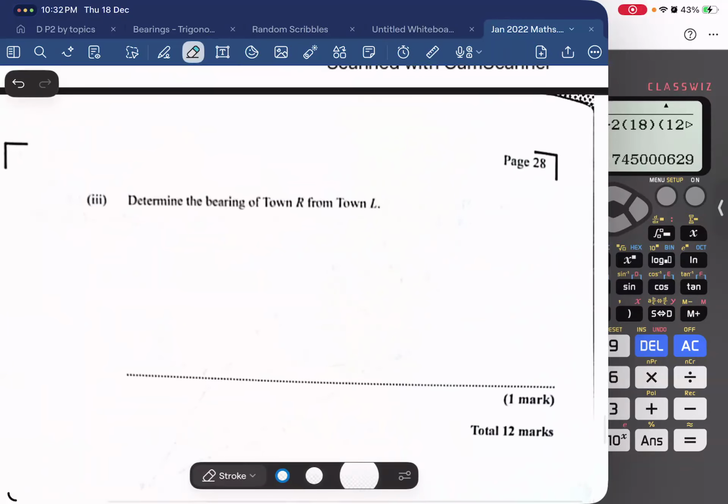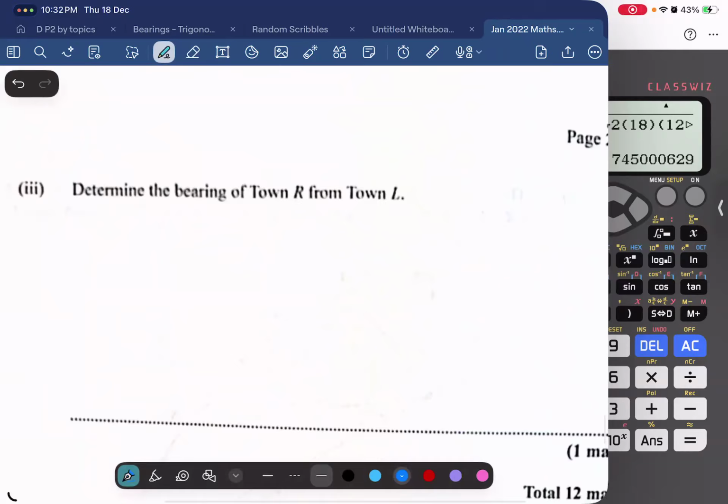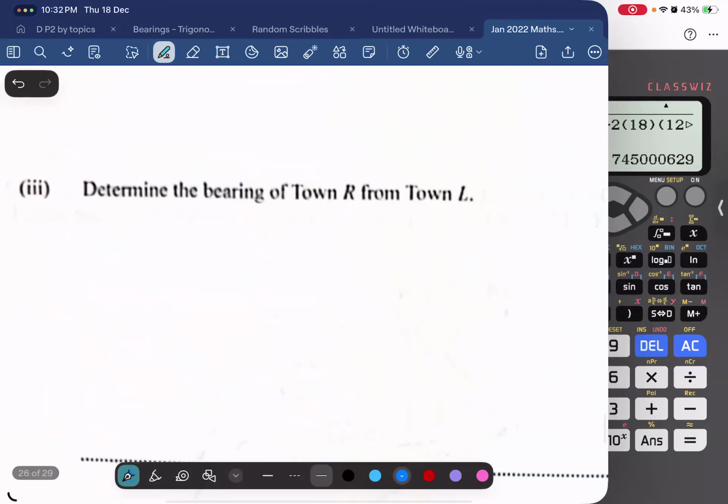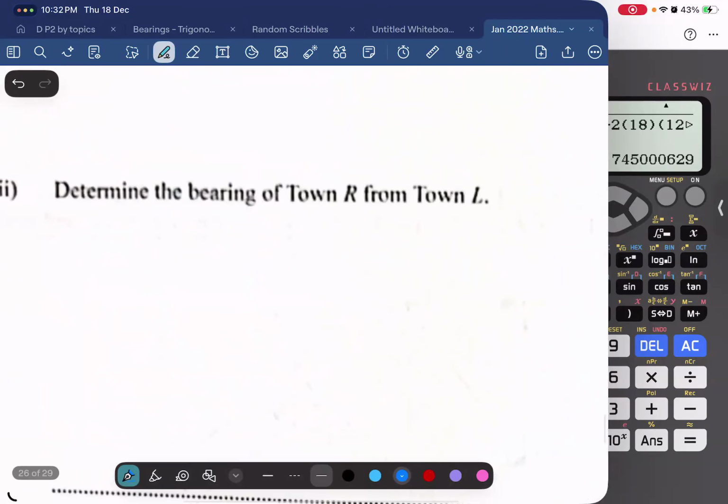Part 3 now. Determine the bearing of town R from town L. When you read this sentence, where are we going to put our pencil? Where are we starting from?